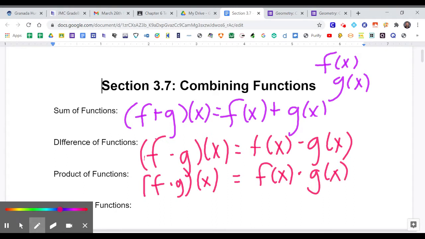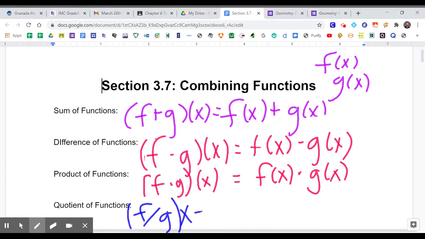We can also have the quotient of functions, which you could see written as f over g of x, which is really just saying f of x divided by g of x. So there's lots of ways that we can combine functions.